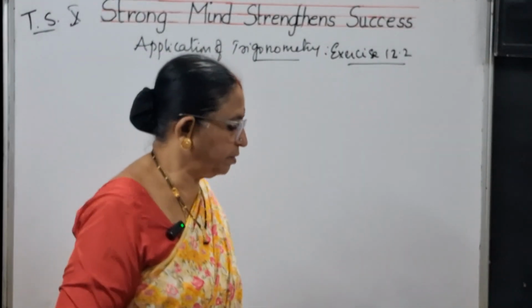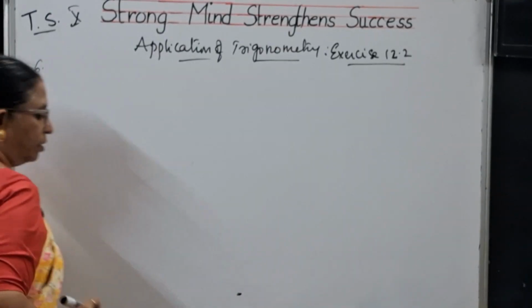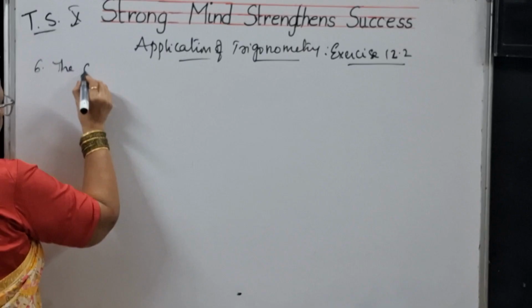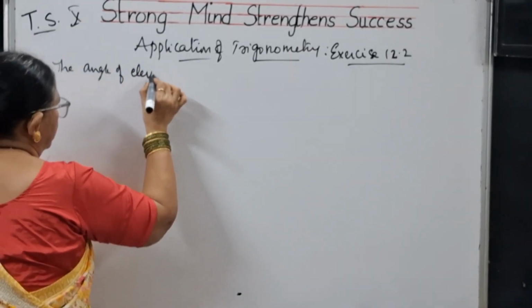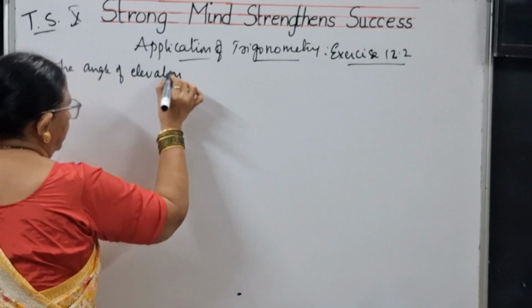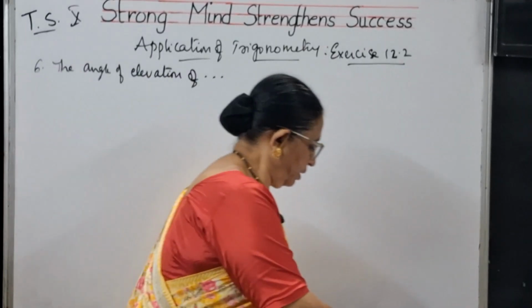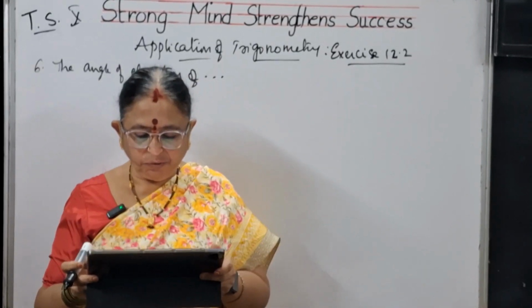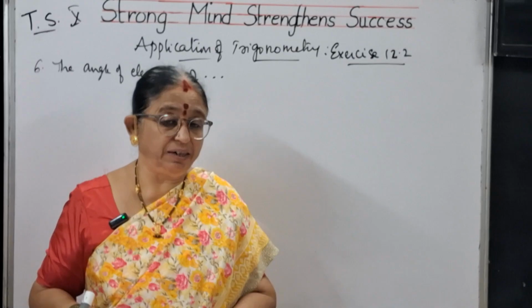Now, sixth problem, children. The problem goes like this. Let me read. The angle of elevation of the top of the building from the foot of a tower is 30 degrees.